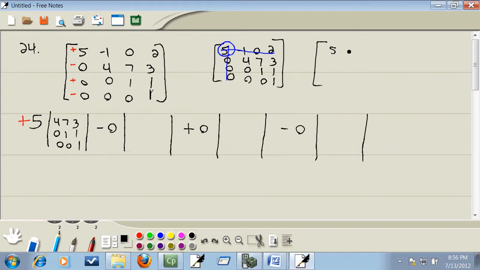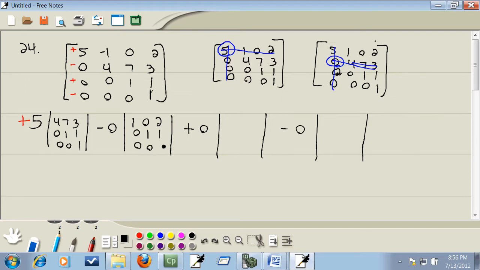For our second one, there we go. Now this second 0, the one right here, that's going to be this one right here. And again, we cross out the row and column it's in. And what isn't crossed out is what goes here. So we got 1, 0, 2, 0, 1, 1, 0, 0, 1.